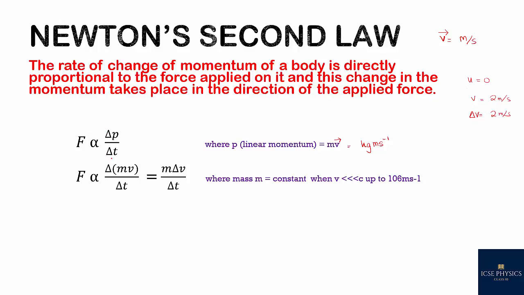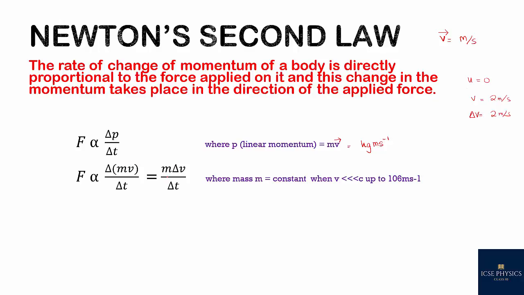Similarly, change in time: final time may be something, initial time may be something. So for the rate of change of momentum, wherever I use the word change, we put a del symbol, which is represented by a triangle. So according to this definition, force is directly proportional to the rate of change of momentum, and we have just elaborated it.